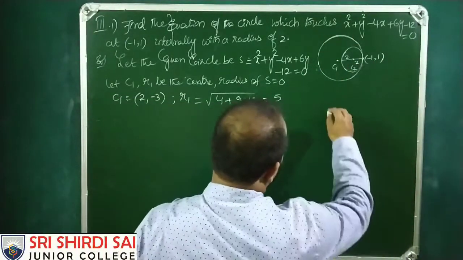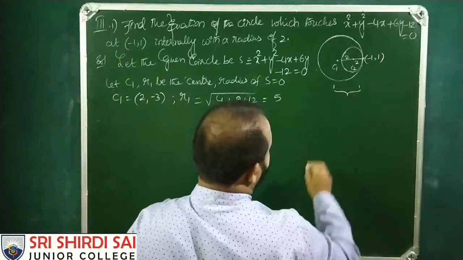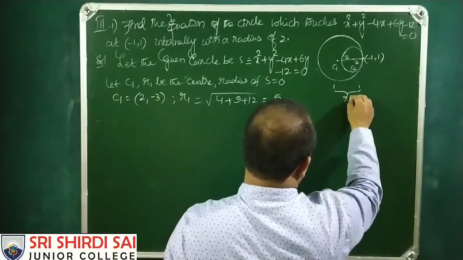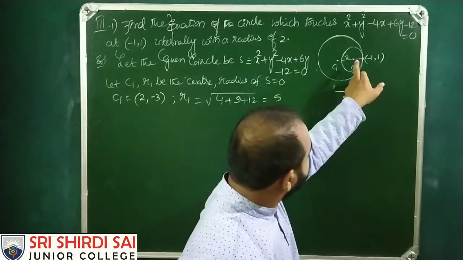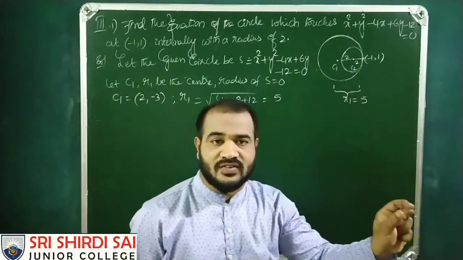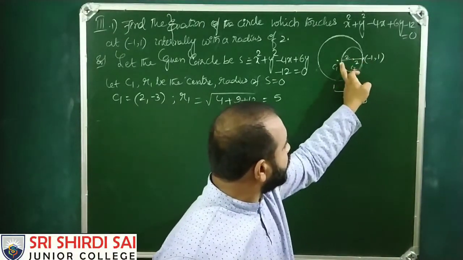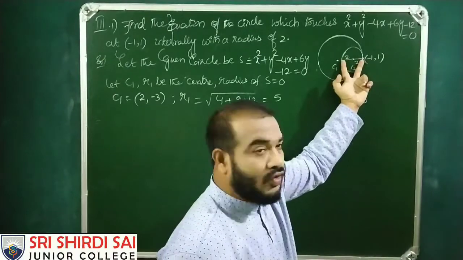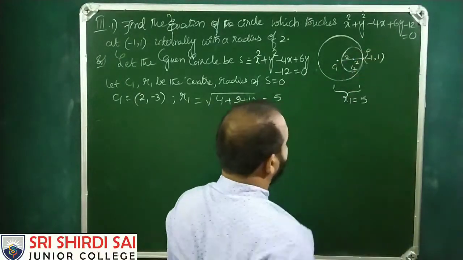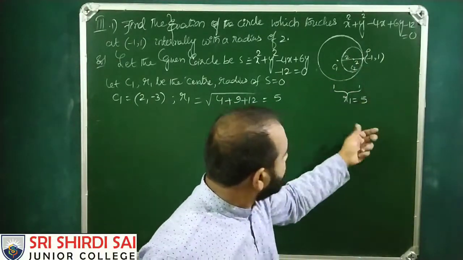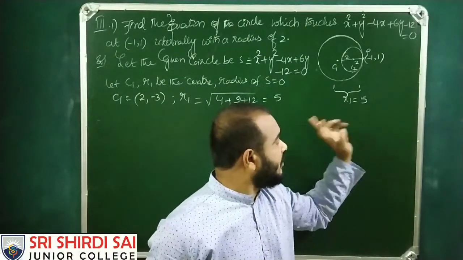Now see here, the required circle, which is a smaller circle, has radius 2; this is 2, this is also 2, therefore the diameter of it is 4. From C1 to, let us suppose P, the given point, C1P is equals to the radius of the bigger circle, that is R1 equals 5.